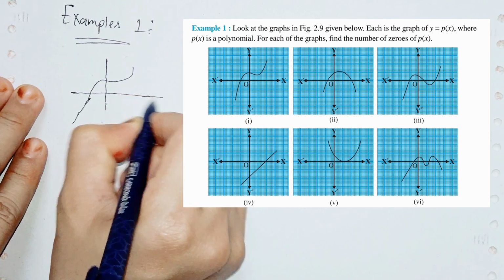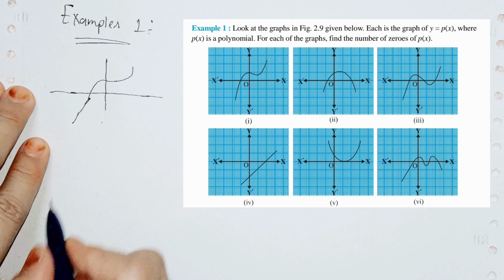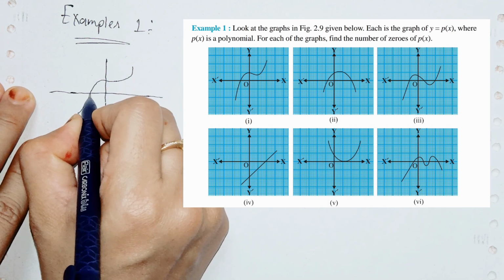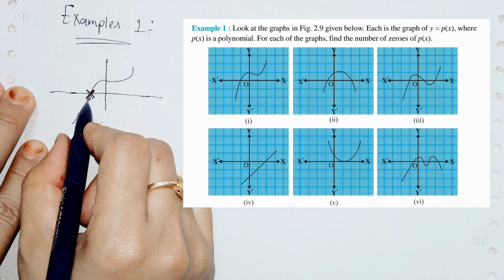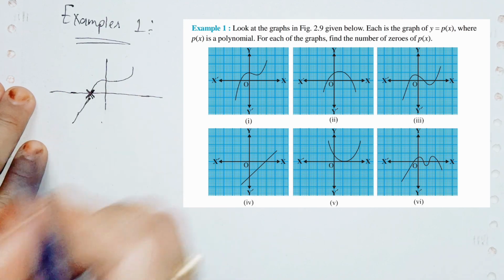Okay, so the graph is in this form. This graph touches the x-axis at only one point, so the number of zeros for this graph is 1.